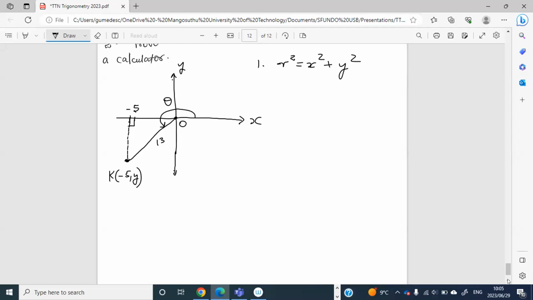Dr. Gumede, I think you are breaking. Dr. Gumede, I think you have a network connection problem.